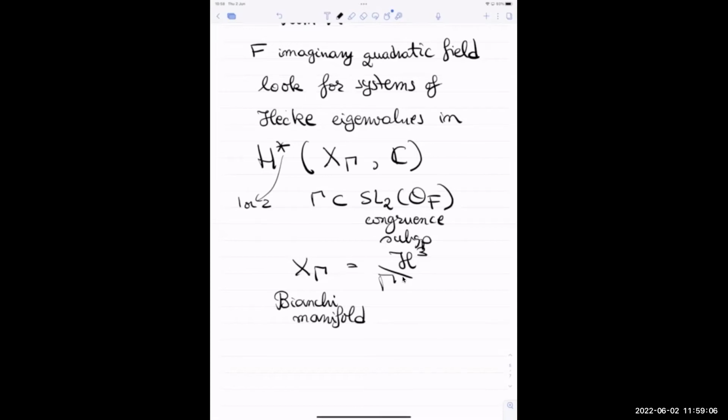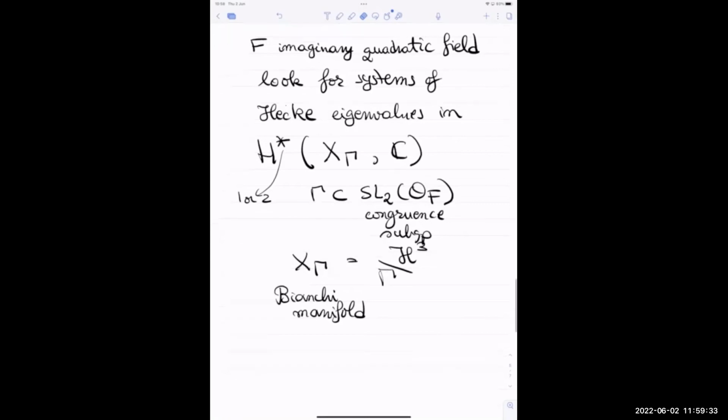And so you don't directly have access to the étale cohomology of these spaces. And so one big obstruction when you first consider this question is that the connection between systems of Hecke eigenvalues, or rather automorphic forms in this setting, and Galois representations is more subtle. So I guess you still have, if I have a system of Hecke eigenvalues or an automorphic representation here, you still have Galois representations.